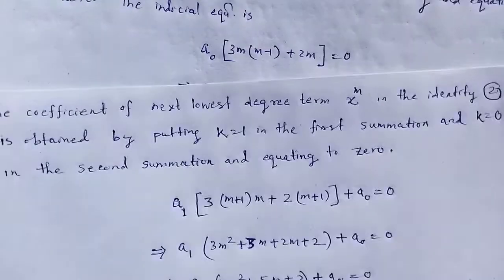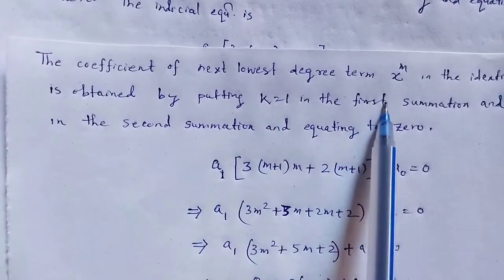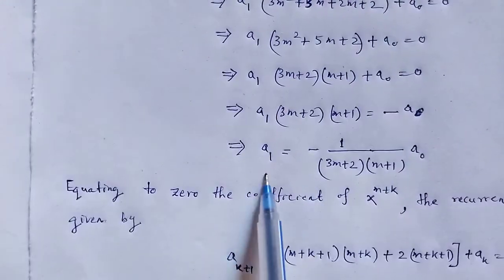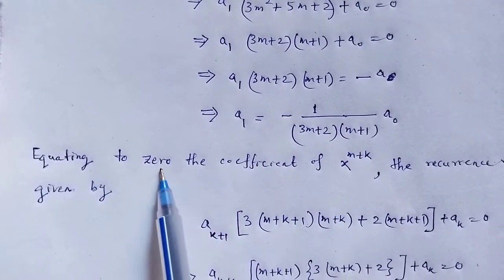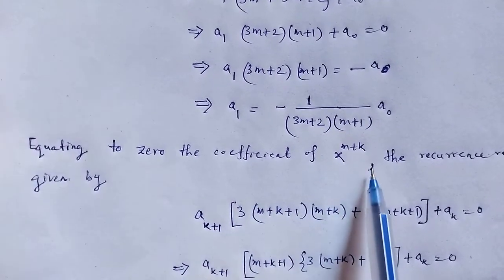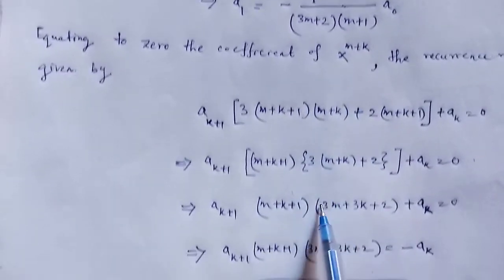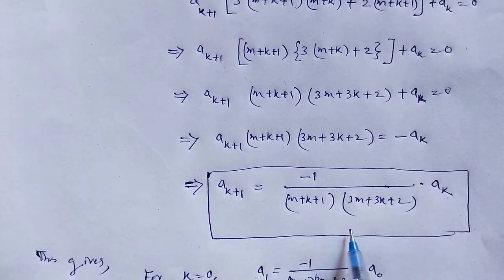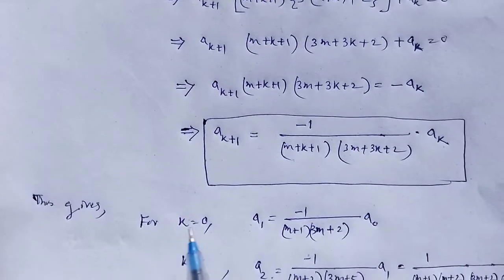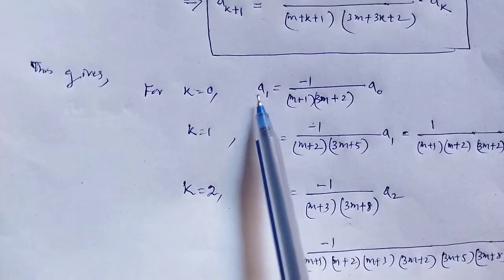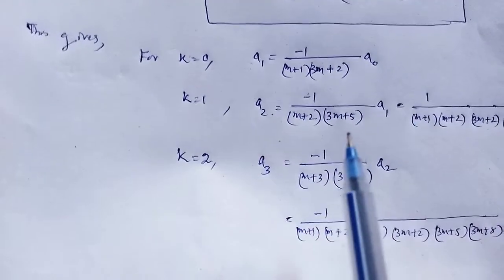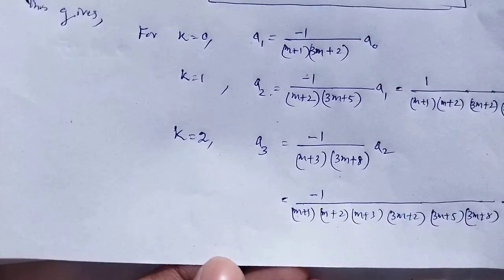Again equating the coefficient of x to the power m, we get a1 in terms of a naught, and equating to 0 the coefficient of x to the power m plus k, we get the recurrence relation. And finally for k equal to 0, 1 and 2, the coefficients a1, a2 and a3 are found.